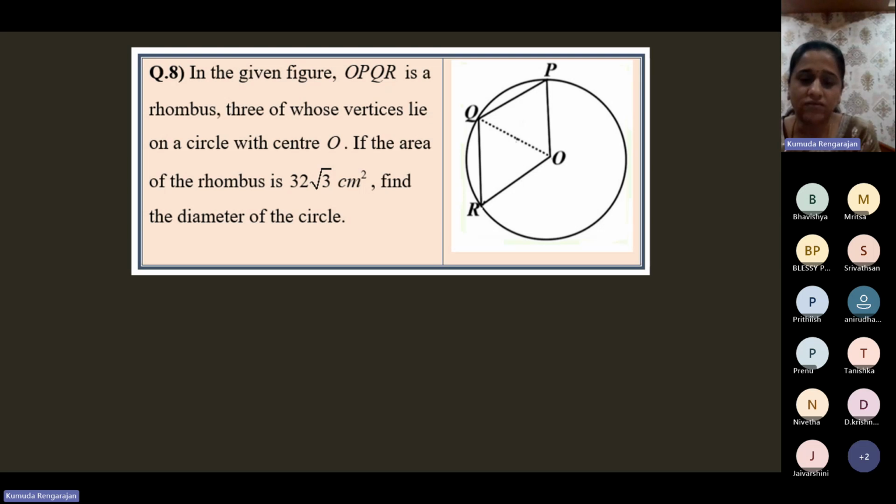The area of the rhombus is given. Find the diameter of the circle. Present the answer.